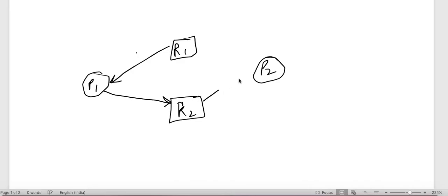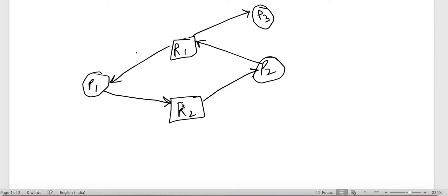Let's suppose the same graph. Now, let's say P3 is another process which is allocated R1. One instance of R1 is also with P3.